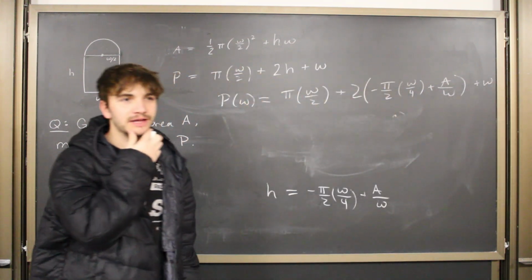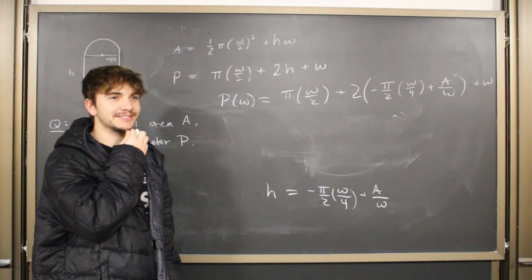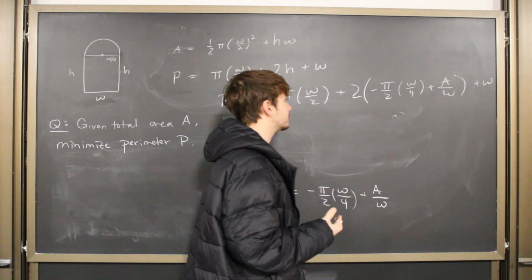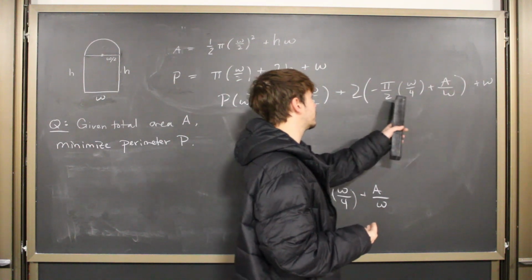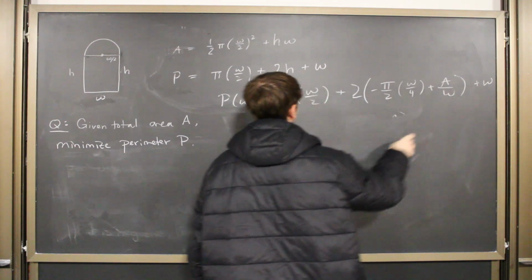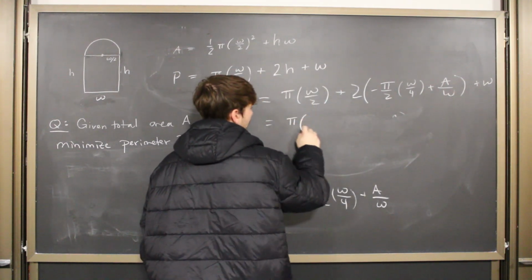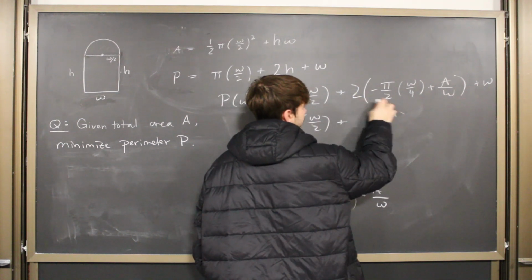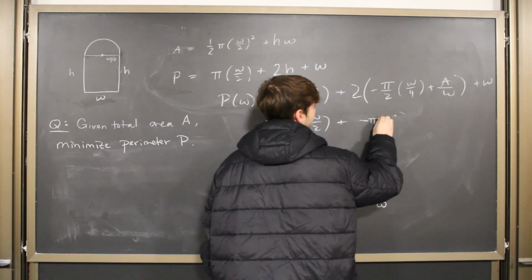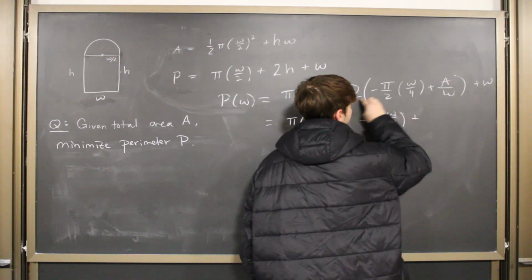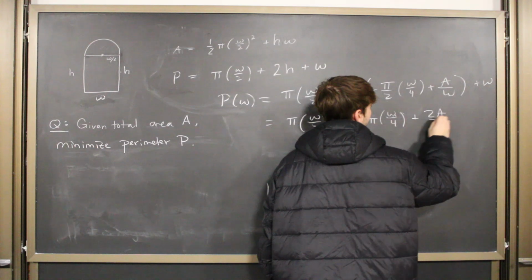Okay, so to make our lives easier, let's do some algebraic simplifications. And we're going to group terms in w and 1 over w. So first of all, this 2 I'm going to distribute through this expression. So pi w over 2. This 2 cancels with this 2 here, so minus pi w over 4 plus 2A over w.